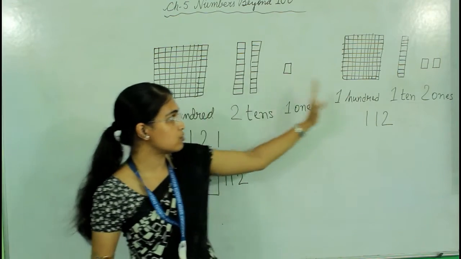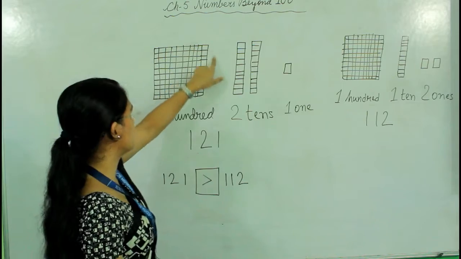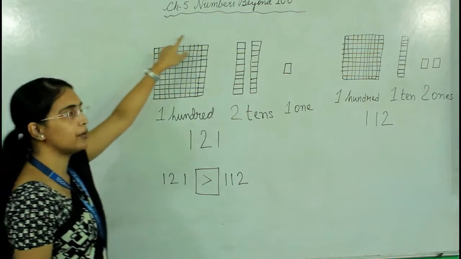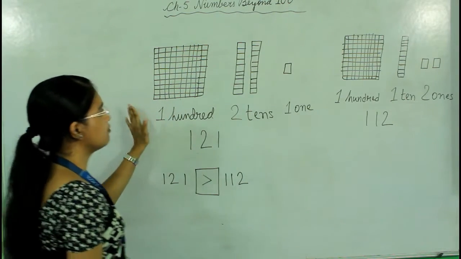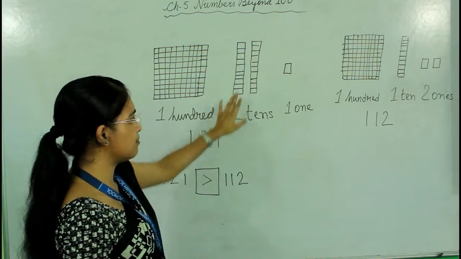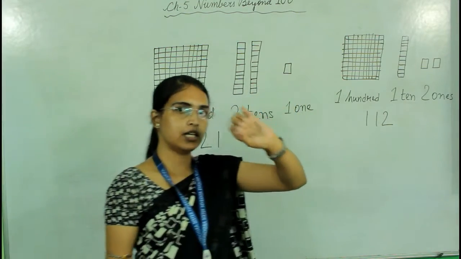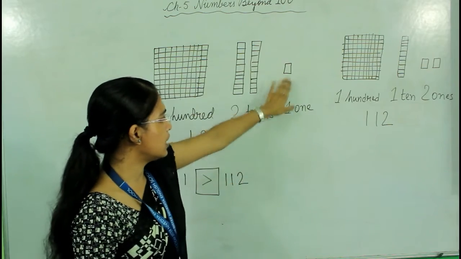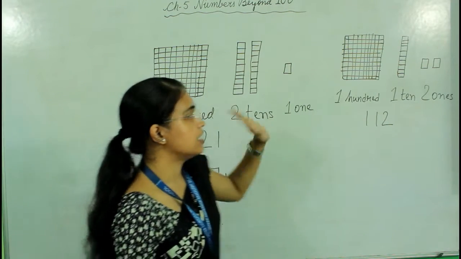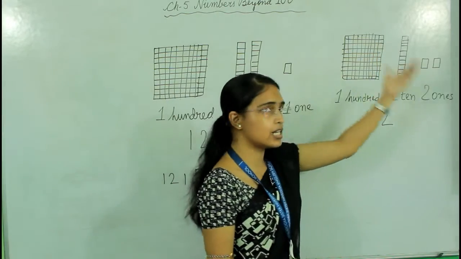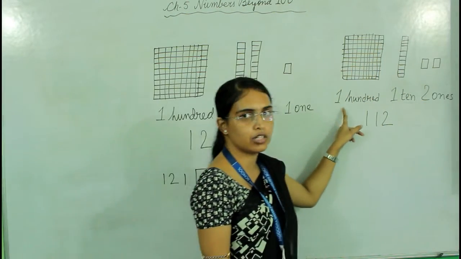If this type of sum comes, first look at these groups. If there is one group of 100, then that means we have 100. If there are two groups of tens, that means we have two tens. And if there is one single block, then we have only one on this side. And on that side, if there is one group of 100, then that means we have 100.